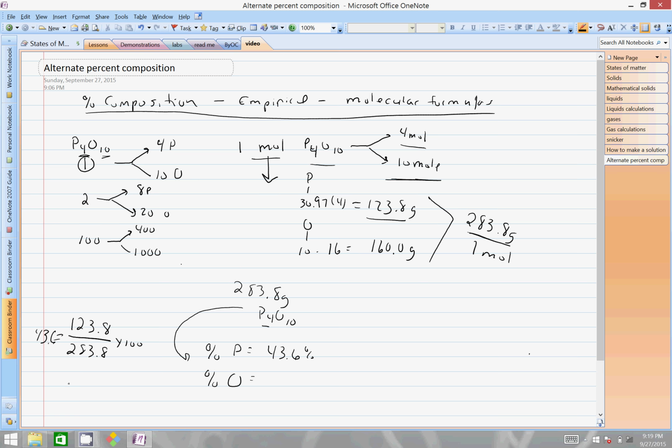And if I take the other one, 160.0 divided by 283.8 times 100, equals 56.3%. Now I'll get pretty close to 100% here.